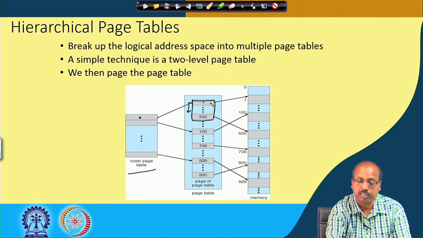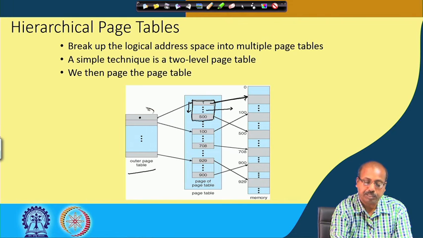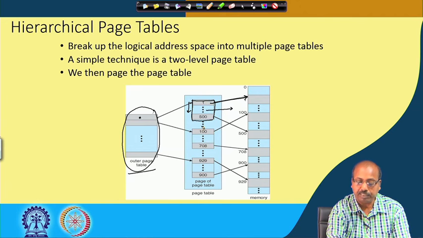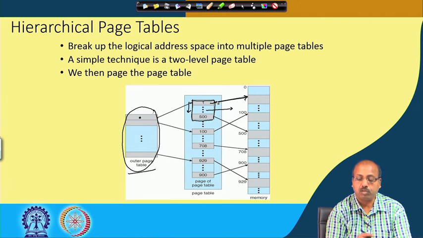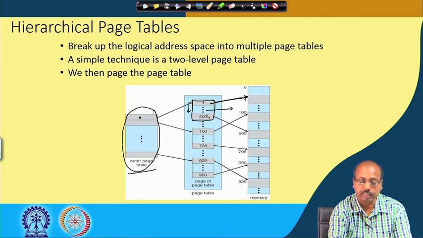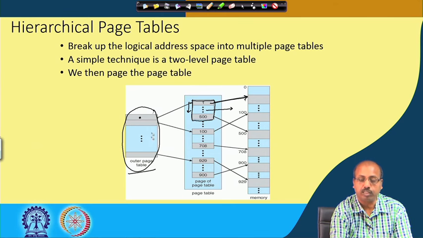So, this actually gives me the page number. Similarly, each of them will give me some page number. Now, you see that I need contiguous space only for this outer page table. The inner page tables can each be located separately. So, for the 32 bit address space, I do not need 2 power 22 entries or 16 megabytes of contiguous space.